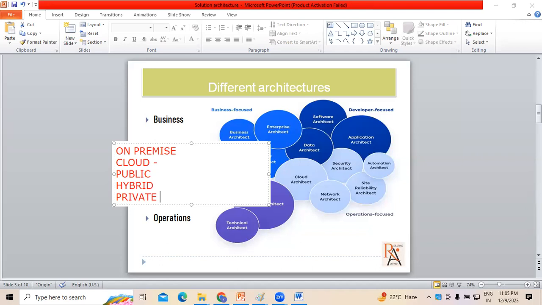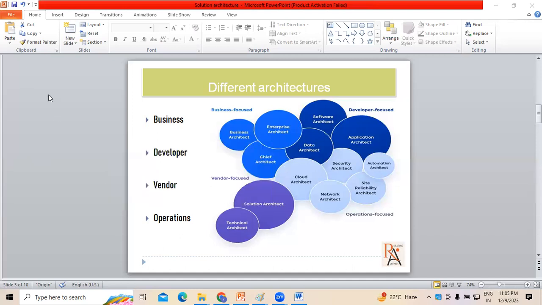Right. So when we are trying to develop the application from the operations focused point of view, operations focus means the end user point of view. I can say in simple ways, from the end user point of view, when you're trying to understand, it can be an on-premise application or a cloud application. If it's a cloud application, you require cloud architecture.